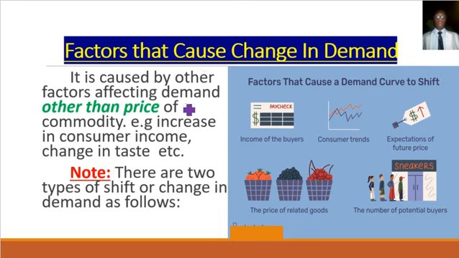If any of those factors causes a change in demand and it's not price, then it is a change in demand, not a change in quantity demanded. So every other factor that affects demand other than price will surely cause what we know as change in demand. What are some of those factors? We have income of the buyers, as you can see here. We have consumers' trends.